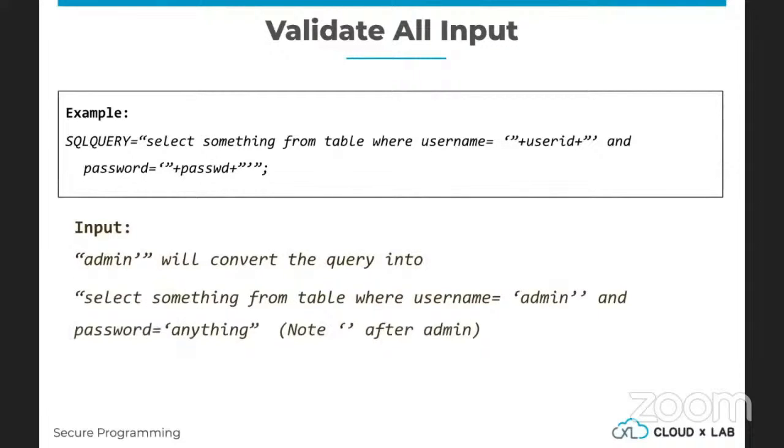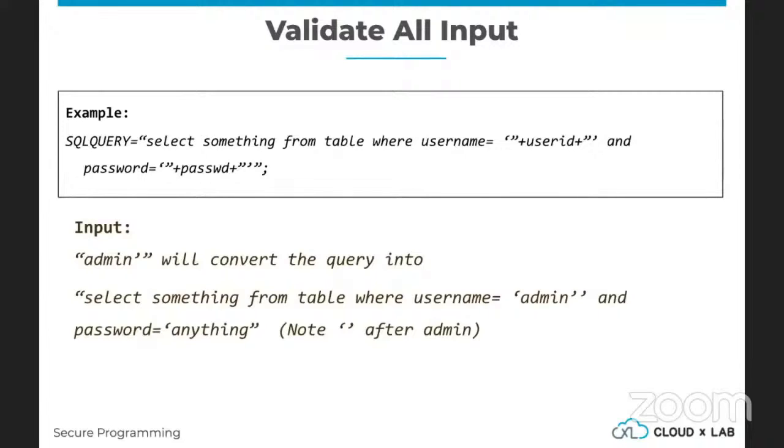If the user at this point comes to know that the single quote is causing a SQL error, that means the attacker would know that this code, this server, is prone to SQL injection.